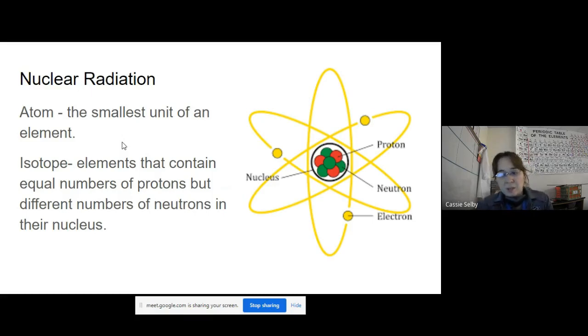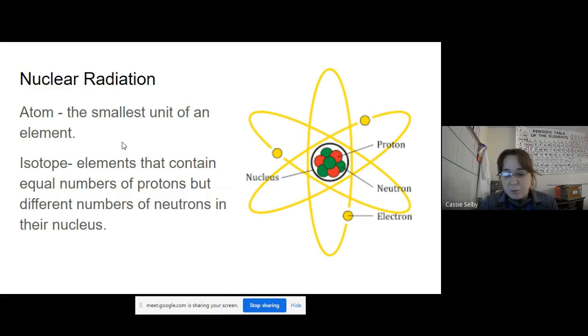And so an atom, you guys, we went over this last semester, but hopefully this first slide is just kind of a refresher. An atom was initially thought to be the smallest unit of an element. It was supposed to be the unbreakable part of an element. We know now that that's not true, but that was what it was supposed to be.